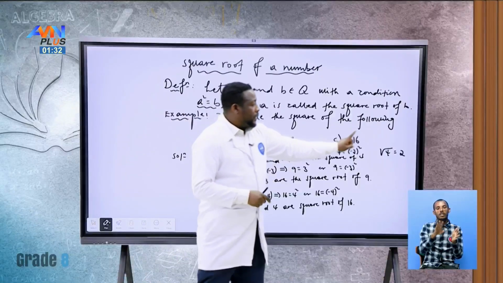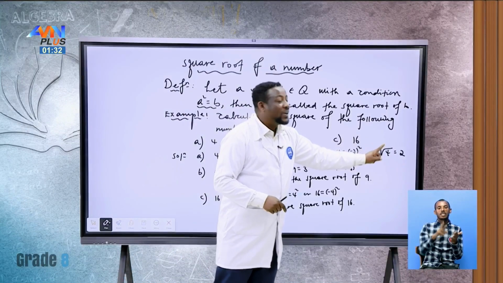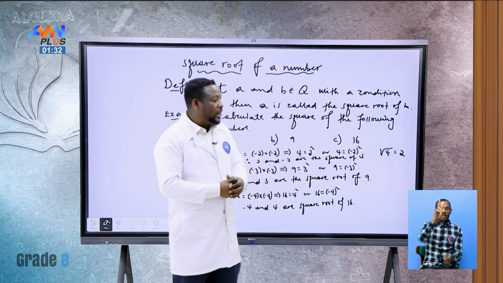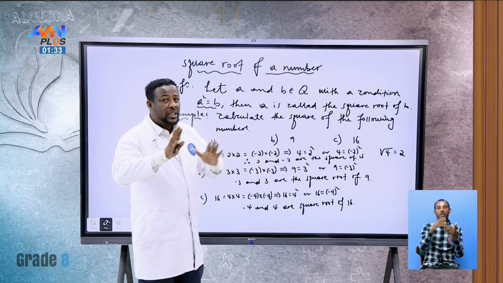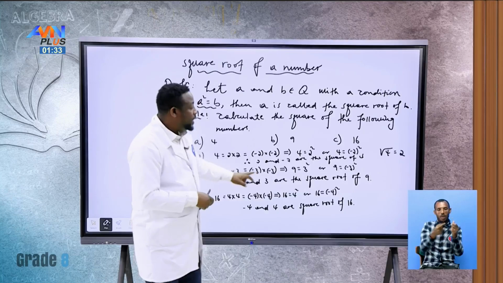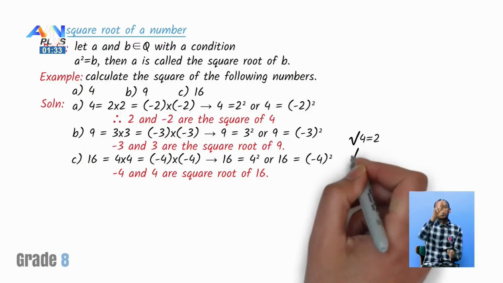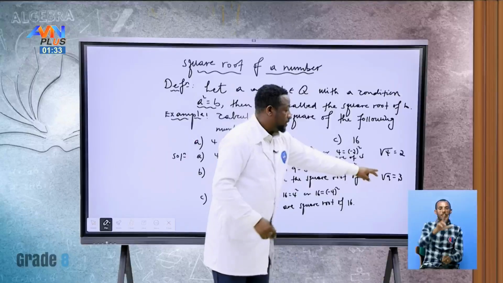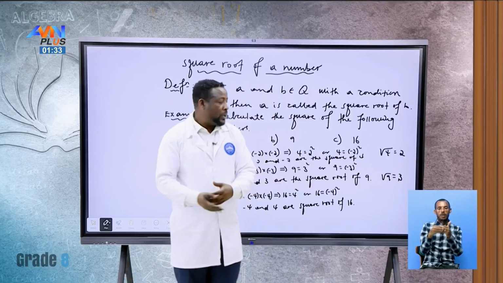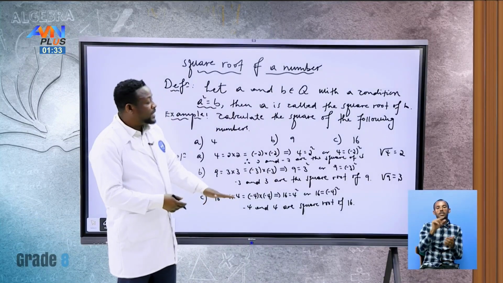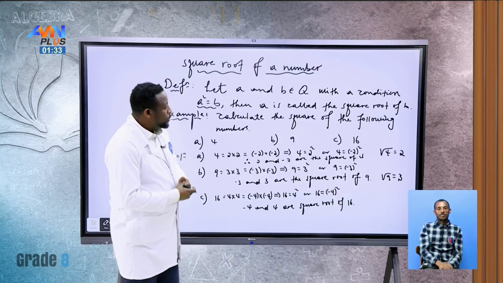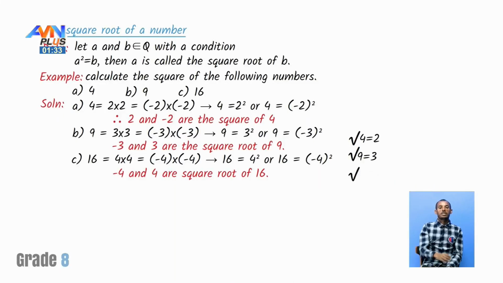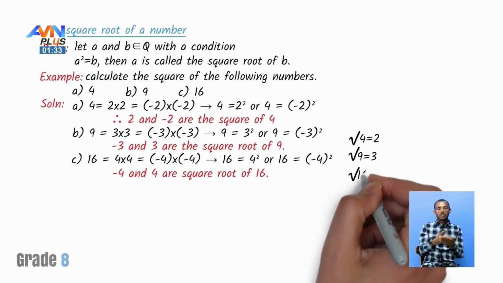But radical 4 is only 2, because this radical is a principal square root, so you can only take the positive part. Similarly, the square root of 9 is taken as only positive 3 because this is a principal square root. Similarly, the same thing for 16. So this is how we calculate a square root of a number.